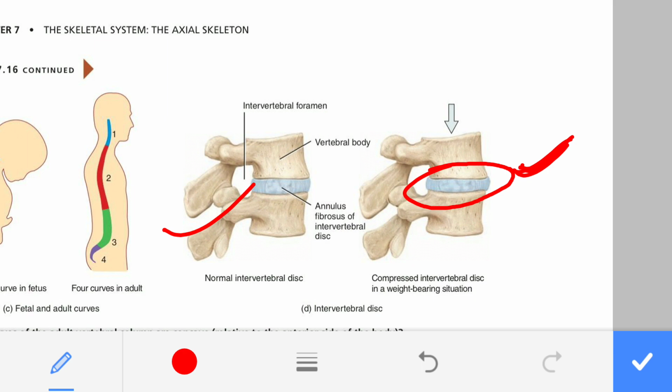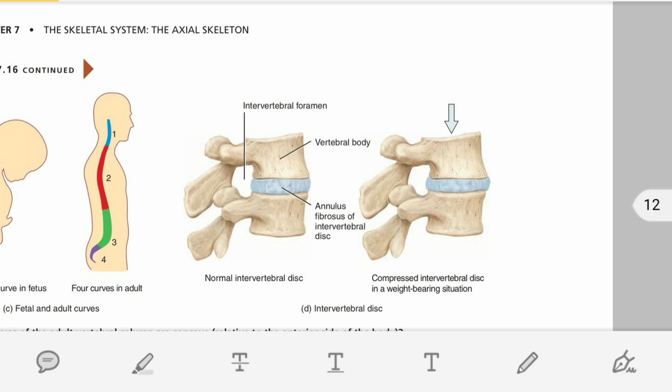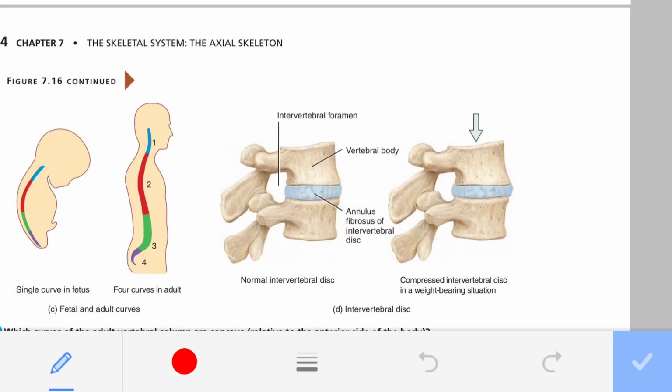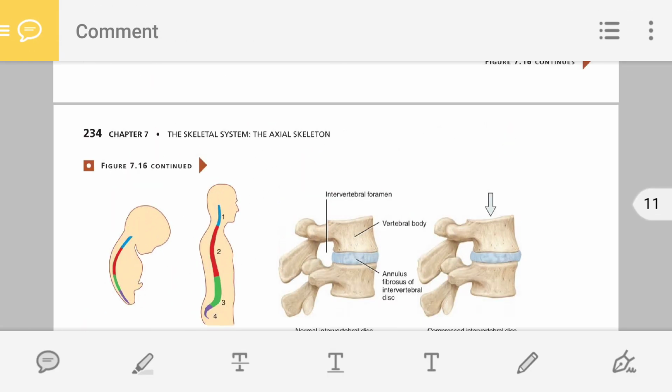So it is flat and it has broadened up. Basically this is a kind of joint, a shock bearer, weight bearer, shock absorber, and it also allows us to rotate our body, okay.